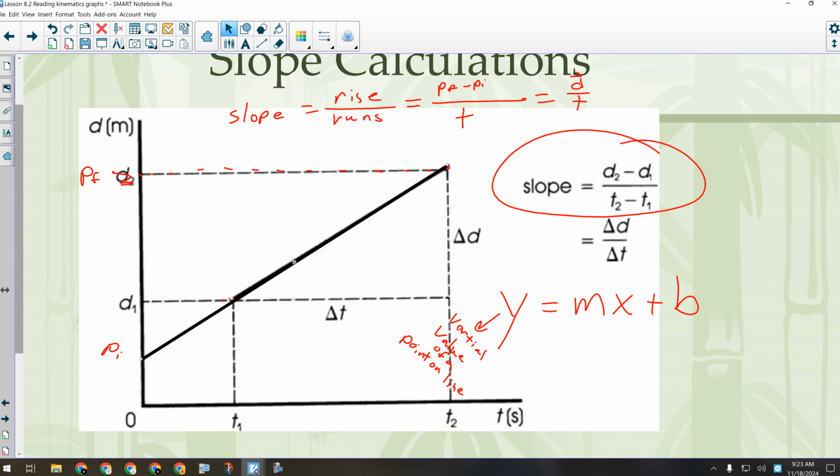Okay, so y in that equation is the vertical value of any point on your line of best fit. This line would be our line of best fit. For slope, it's d minus initial position. I want you to not look at this formula right now. I'm going to show it better here in a minute. m is the slope.